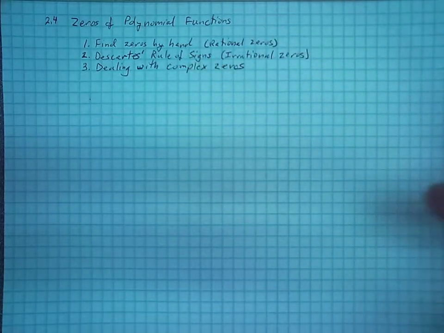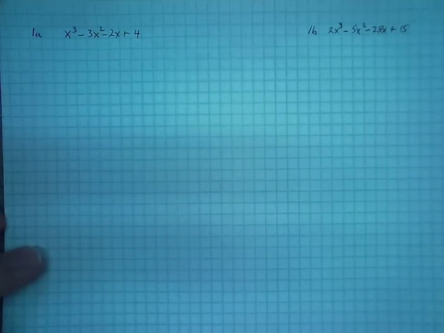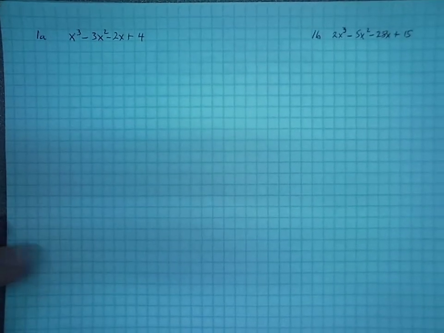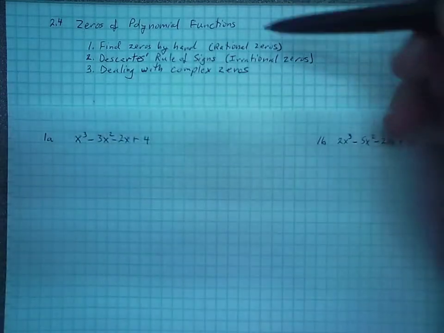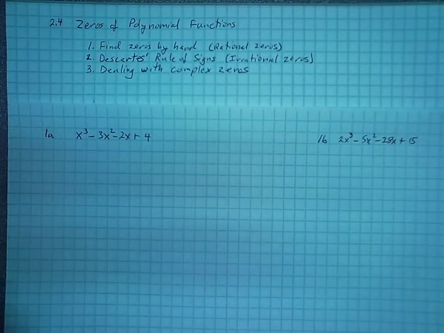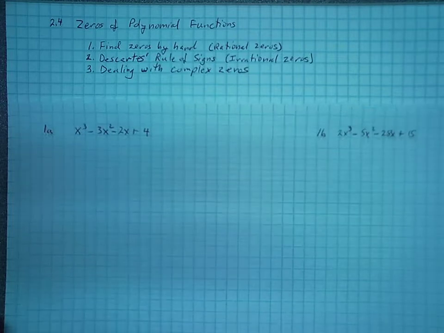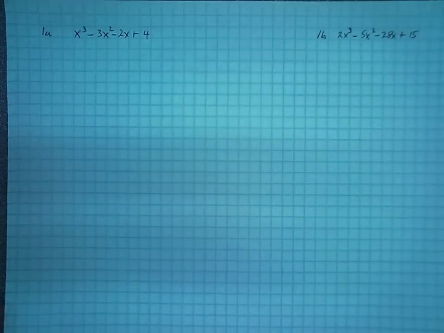So as far as finding zeros by hand, the rational zeros theorem, which you can find written formally in your book, basically tells us how to find the nice zeros. Rational there meaning it's a fraction of integers, so not the square root ones.